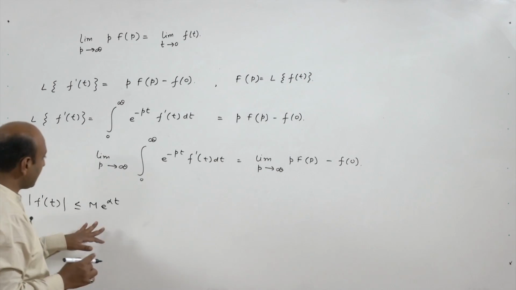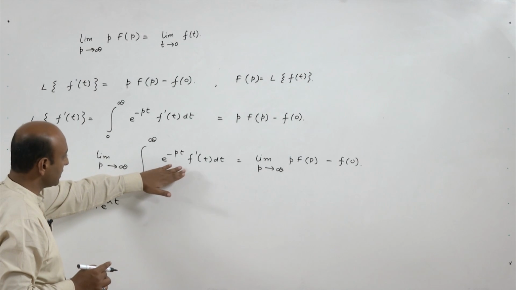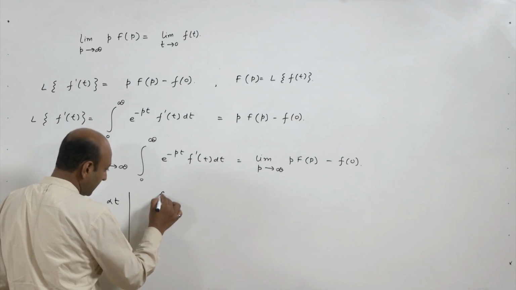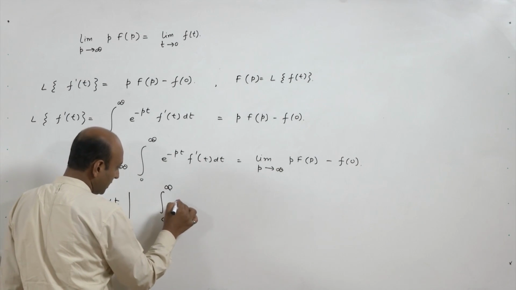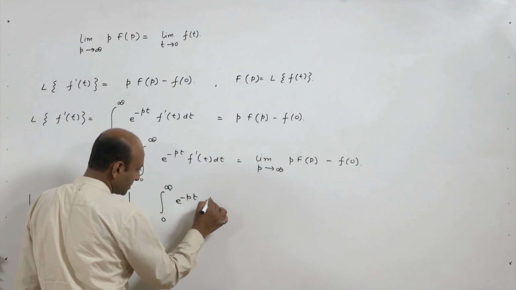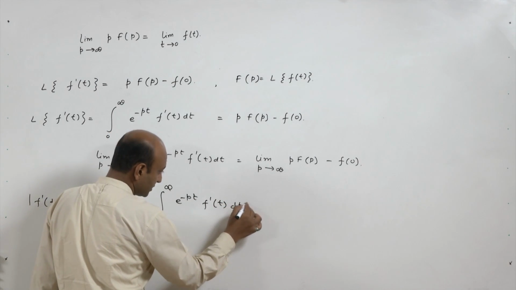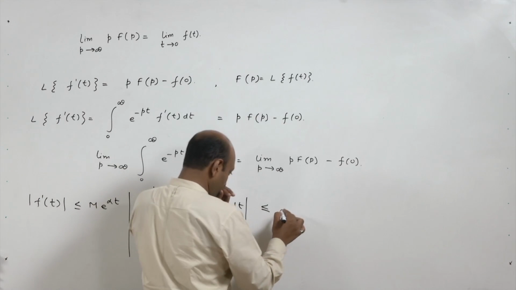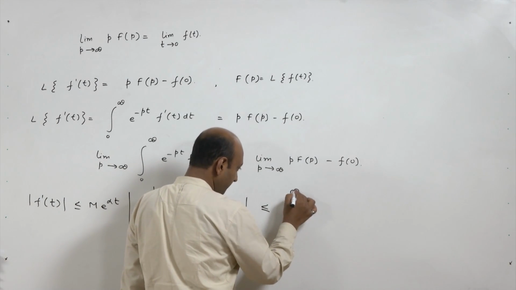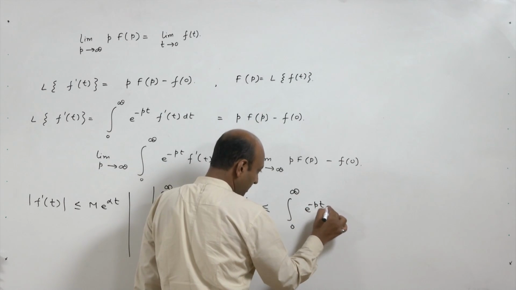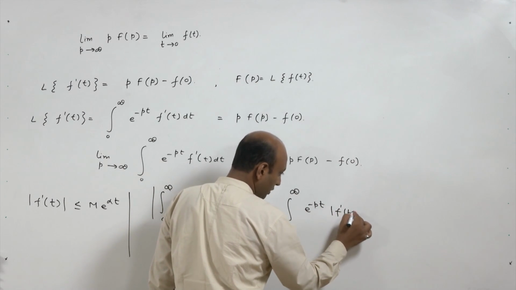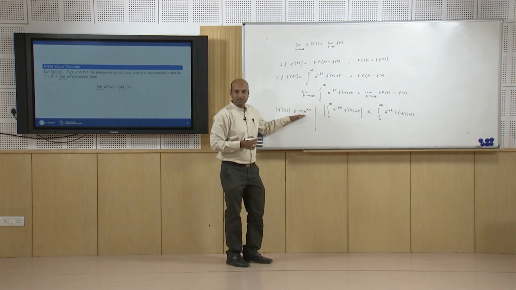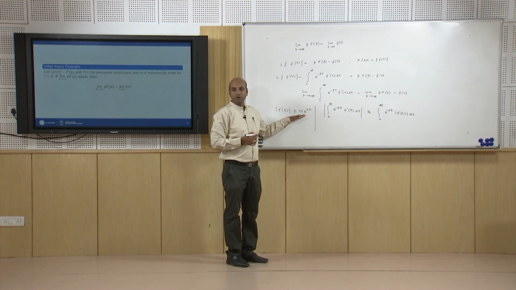So, we can easily write that the left hand side, the integral from 0 to infinity of e to the power minus pt f'(t) dt, in modulus will be less than or equal to the integral from 0 to infinity of e to the power minus pt times mod f'(t) dt, and mod f'(t) is less than or equal to this because it is of exponential order alpha.